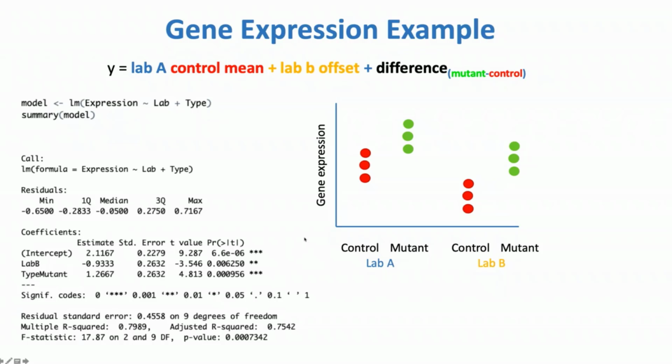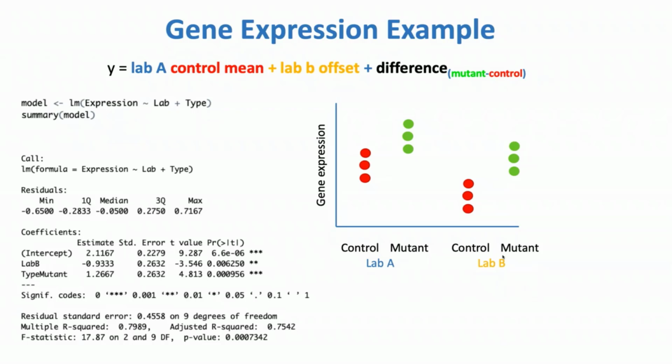Yeah, so that's it. As I said before, you could of course also try to remove these effects of the batches. Let's say lab A and lab B, you can call a batch. Before you start doing differential gene expression analysis, you could try to remove differences between the labs.